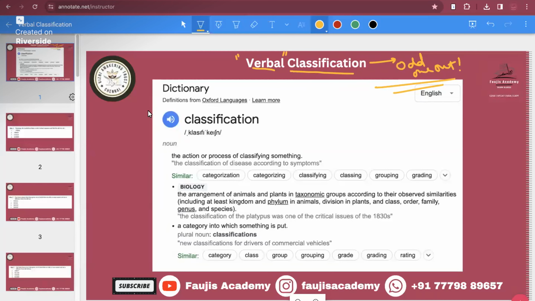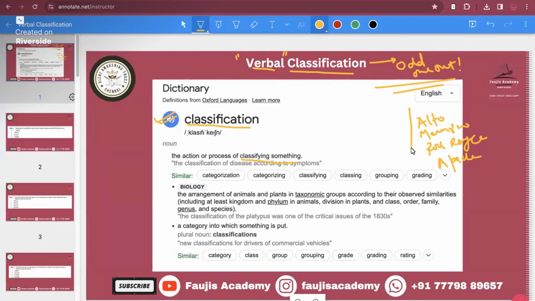So if you do some simple Google search, you will find the meaning of classification is the action or process of classifying something. Let us say, when I say Alto, Maruti 800, and then Apache, or Royal Enfield.